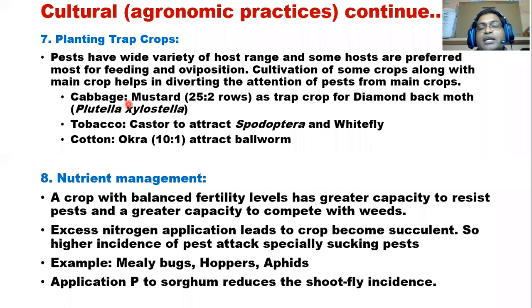You can go for cabbage and tomato intercropping, 10 rows of cabbage and 2 rows of tomato, to minimize the cabbage flea beetle. Why? Because tomato produces certain chemicals that confuse the pest in identifying the cabbage in the field. You can easily escape. It's called a trap crop.